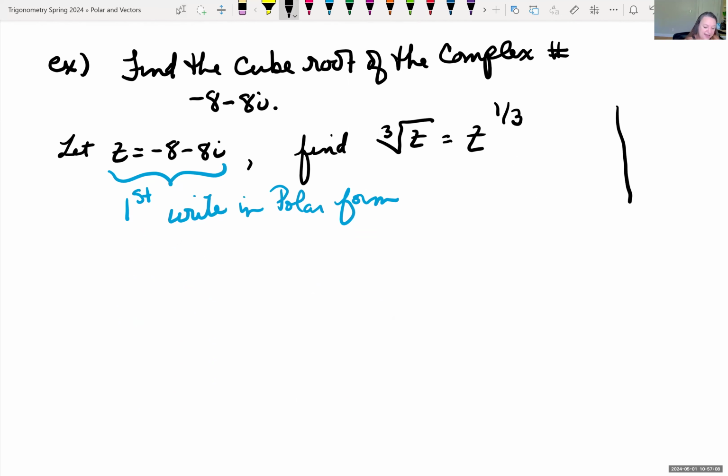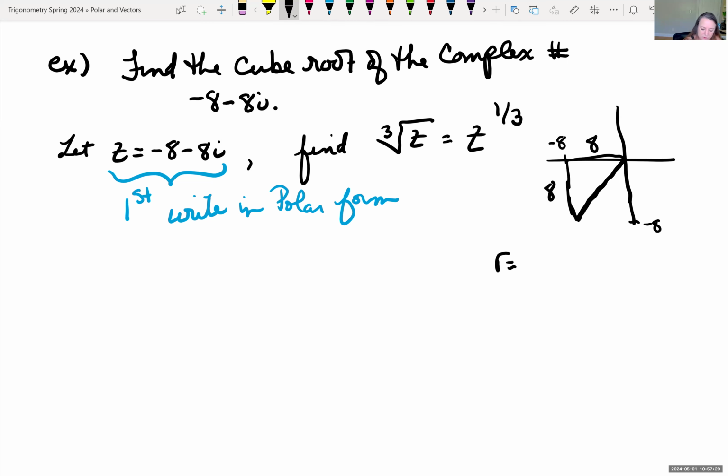So if we graph that, going over 8 to the left and down 8, creating our triangle, I have 8 here, I have 8 here. So I can find out what r is.